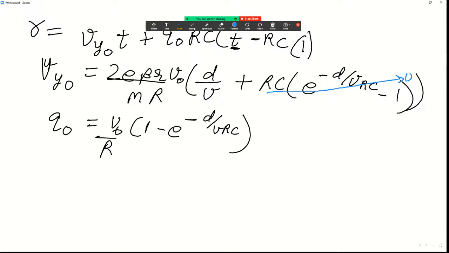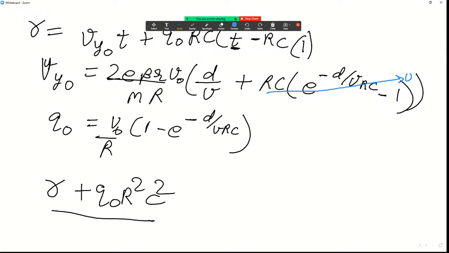So we have t as r plus q naught r square c square by Vy0 plus q naught rc, and substituting the values of this would become very ugly.